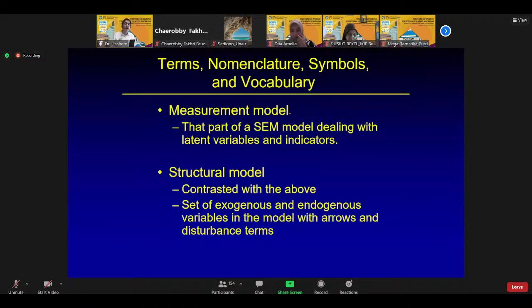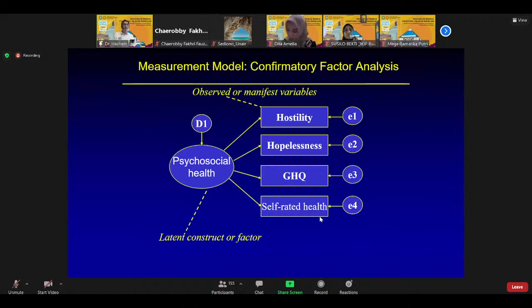The first part, we're talking about the measurement model, and the second part is the structural model, right? Here we have, for example, the measurement model, which is confirmatory factor analysis, and you can see we're just analyzing one latent variable, for example, psychological health, with measurement variables like hostility, hopelessness, general health question, and self-rated health, right?